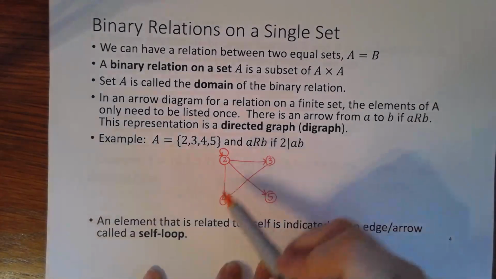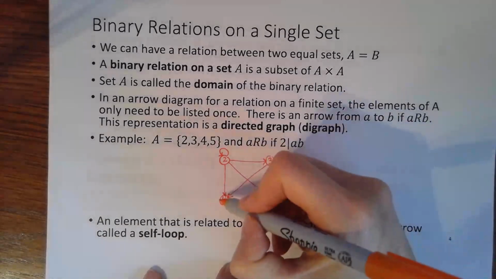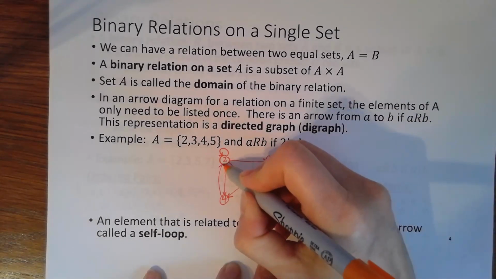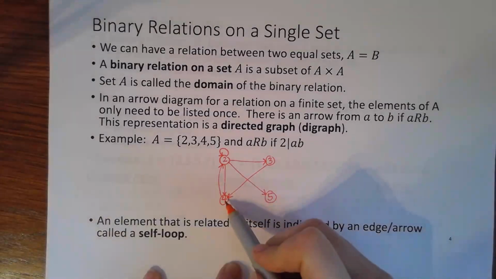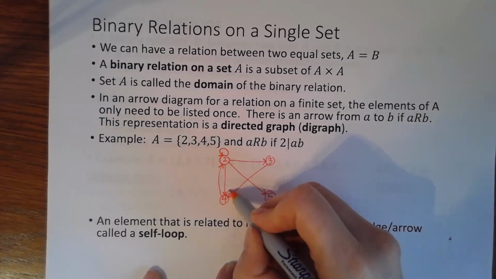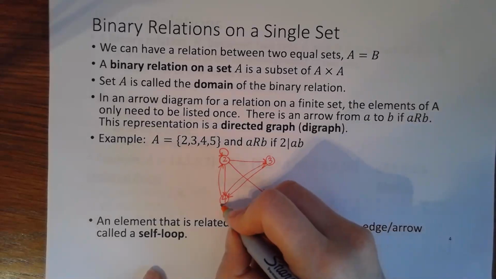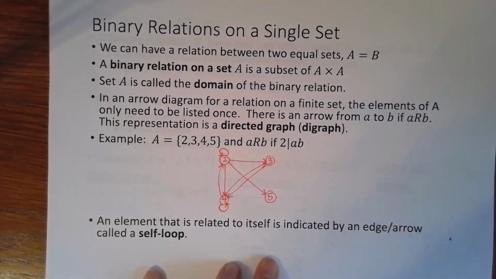Okay, is 4 related to 2? Yes, 2 divides the product of 4 times 2. Is 4 related to 3? Yes, 2 divides the product of 4 and 3. Is 4 related to itself? Yes, 2 divides the product of 4 and 4.